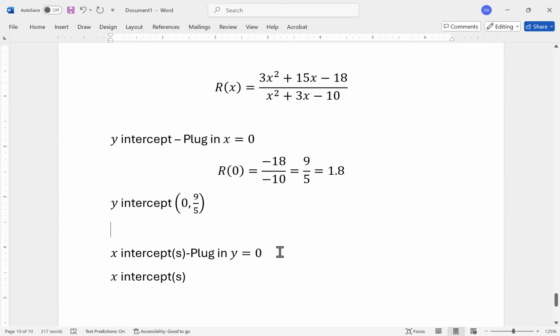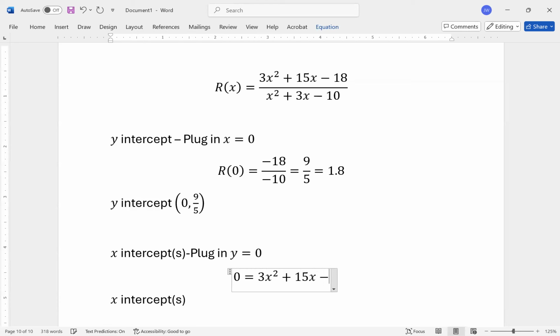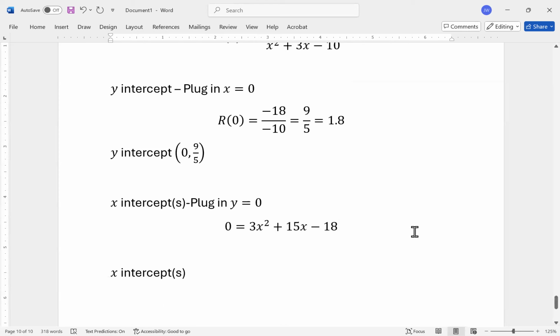To find the x-intercepts, I'll plug in a 0 for y. That means my numerator is going to have to be 0. So 3x squared plus 15x minus 18 is set equal to 0. This one I can factor out a 3.